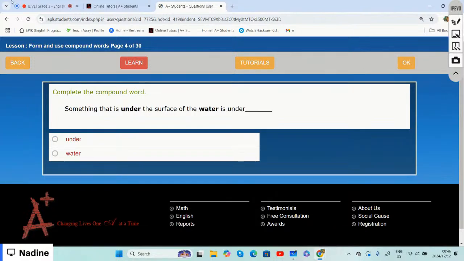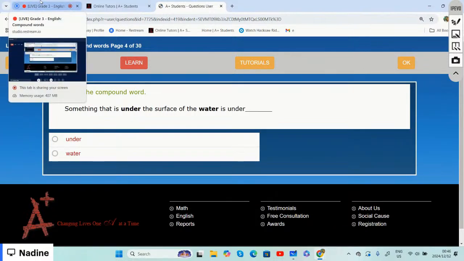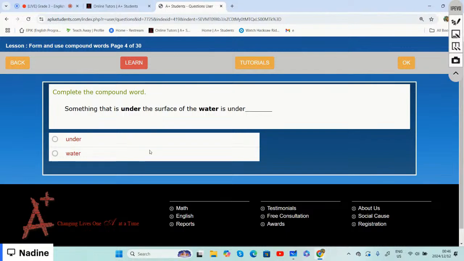And then the next one says, this is the last one, something that is under the surface of the water is under option one or underwater.